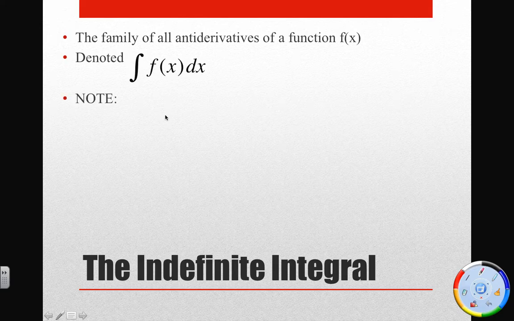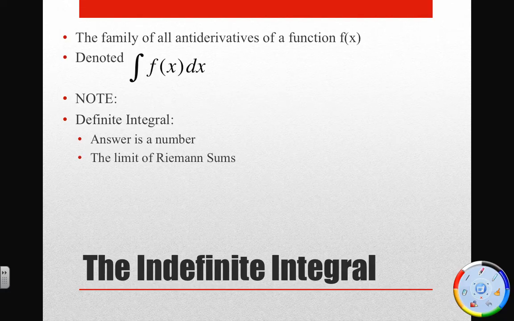And that's actually what I want to note here. When we looked at the definite integral, that's where we had numbers on the bottom and top of this. When we looked at the definite integral, the answer was a number, because it was the area and it was a limit of Riemann sums. So the limit of a bunch of broken up rectangles, basically.